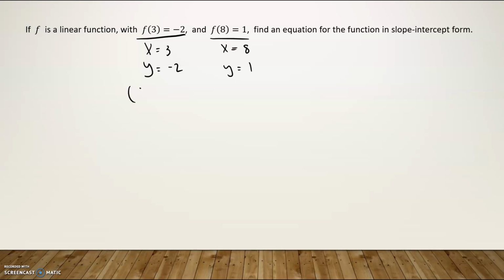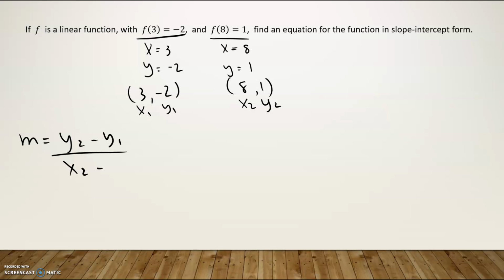Okay, so this is the ordered pair 3, negative 2, and this is the ordered pair 8, 1. So first we need to find our slope, and I'll label those according to x sub 1, y sub 1, x sub 2, y sub 2. Remember, it doesn't matter which one you label as those. You could change them and it'd still be the same thing.